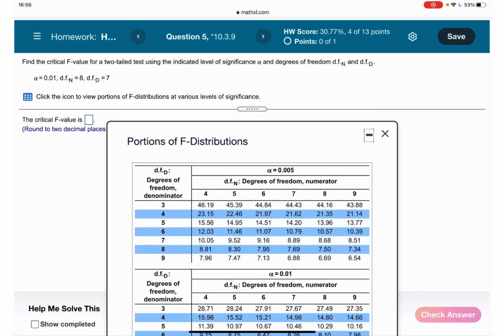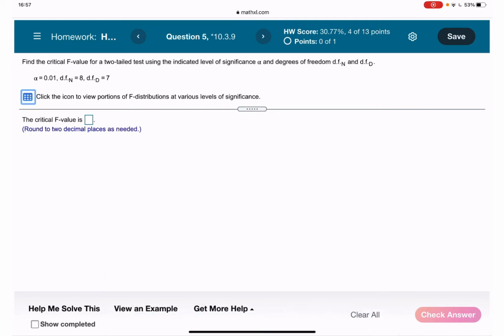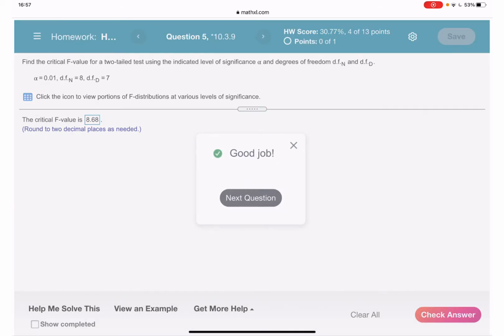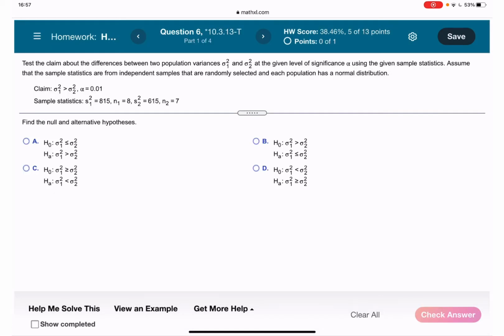We have numerator 8, denominator 7. Numerator horizontally, denominator vertically. So 8 and 7, 8.68. Let's type it in. We are good. Moving to question number 6.